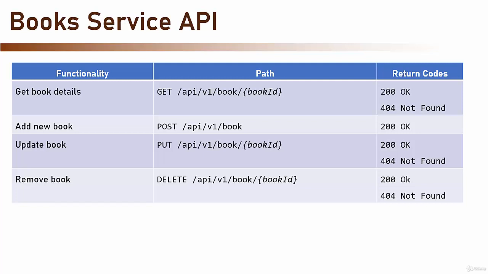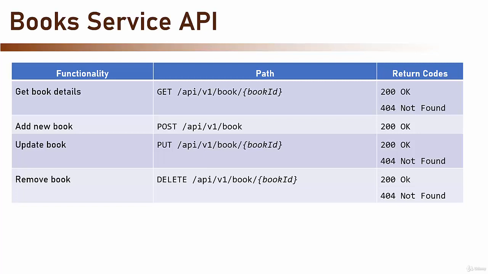The last endpoint is for removing book from the list, and it naturally uses the delete verb. The URL looks the same, API v1 book and book ID, and the response codes can be 200 OK when the book was removed, and 404 not found if the book to be removed is not found.